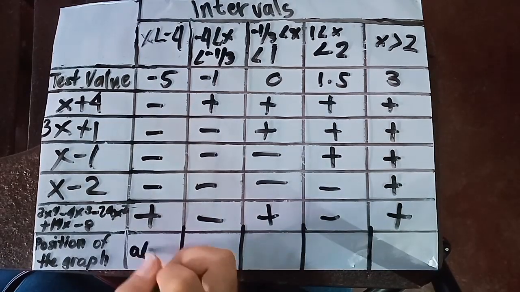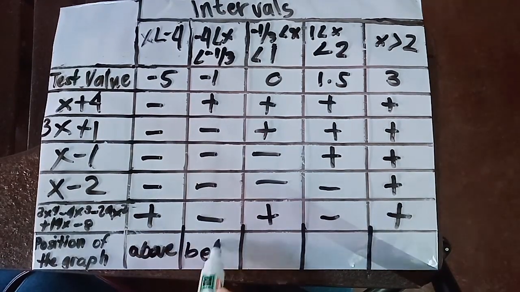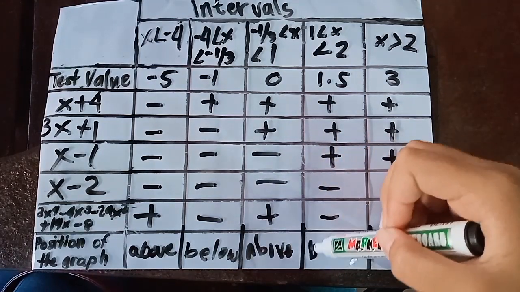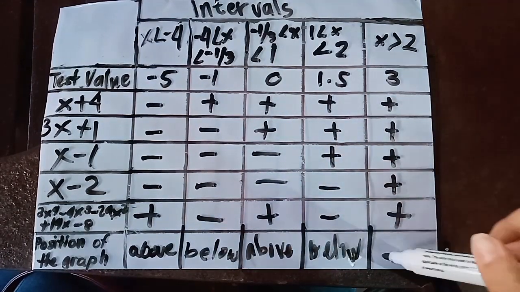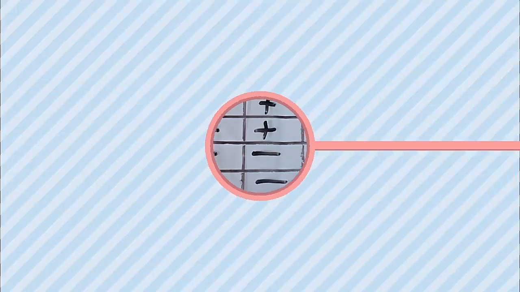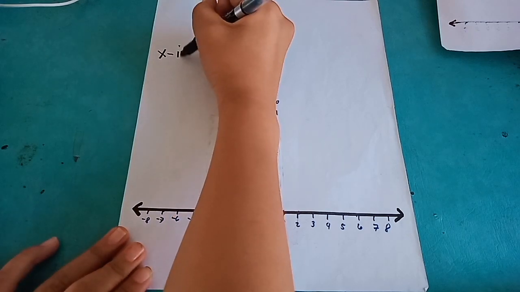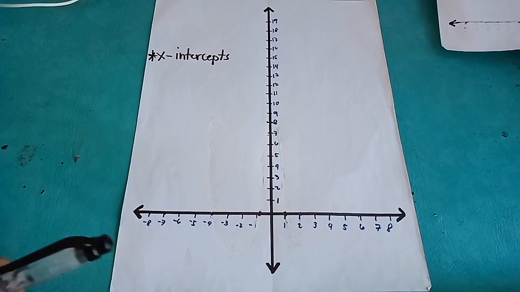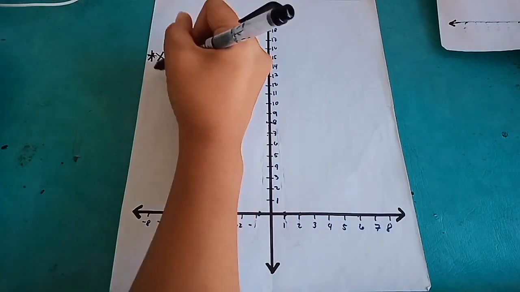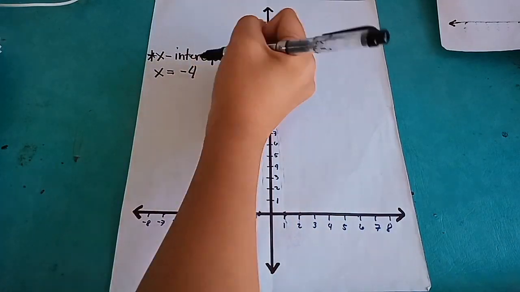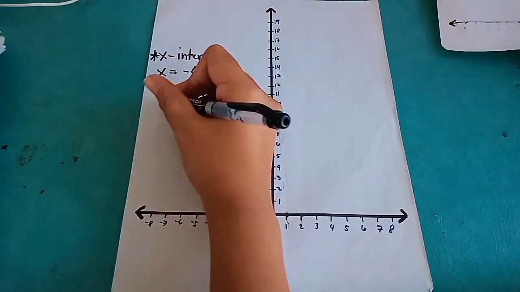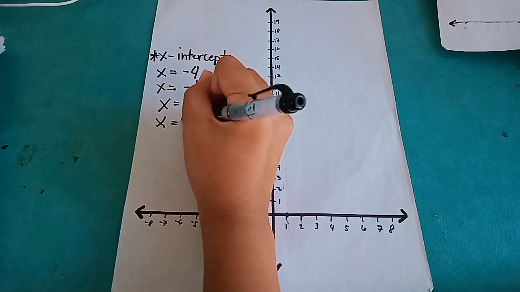So position of the graph: above, below, above, below, and above. So let's proceed to graphing. So we already have the x-intercepts from earlier. So these are x is equal to negative 4, x is equal to negative 1/3, x is equal to 1, and x is equal to 2.